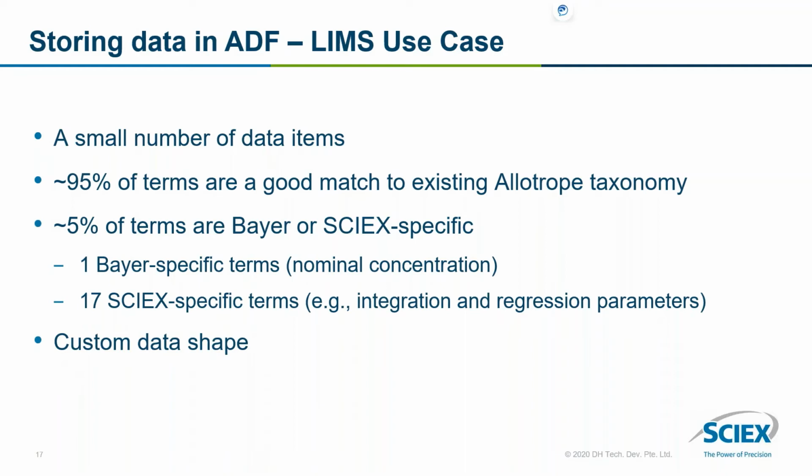That's a little bit misleading. Overall, that won't happen for the archive use case, because we had this small set of very common terms. A small number of those are either Bayer or SCIEX specific, and we've used a custom data shape for that.